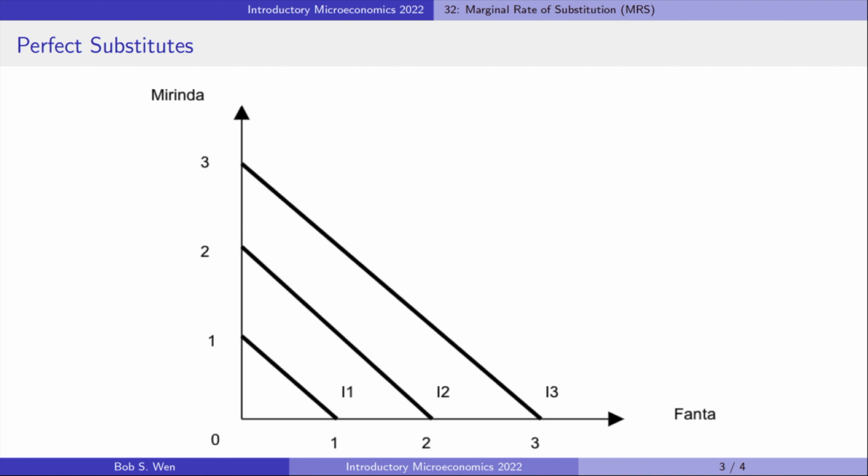The marginal rate of substitution is 1 can of Mirinda per can of Fanta in this case. The marginal rate of substitution could be other constants for perfect substitutes if the consumer is always willing to substitute each other in other fixed ratios.